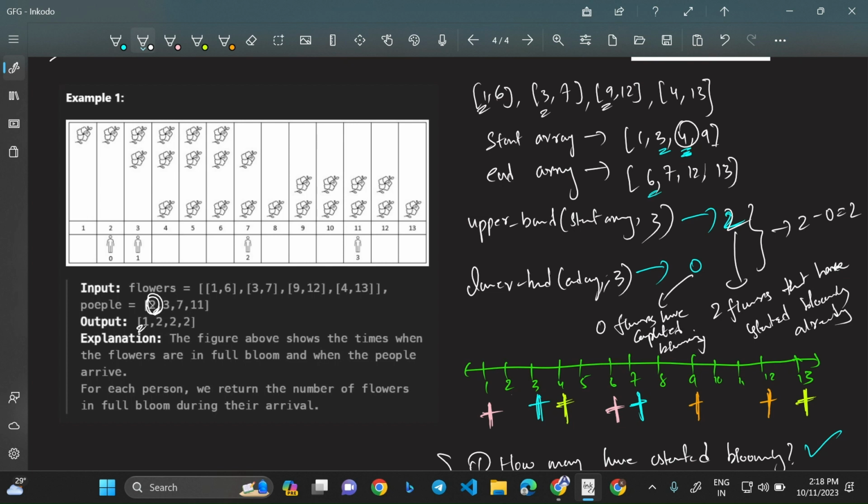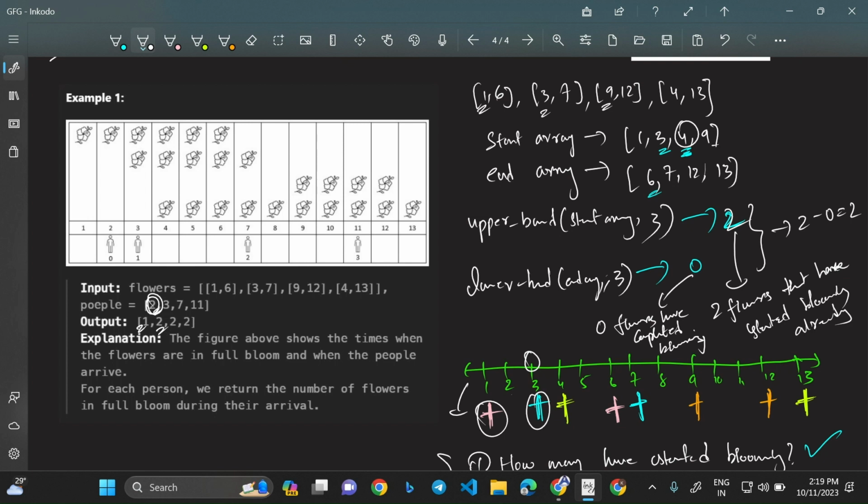Whatever has started is still blooming. You can even infer that from this. When we are at time 3, there is a pink element and a blue element, and both of them have started. There is no second occurrence of pink or blue by t equal to 3. They are occurring for the very first time. So 2 minus 0 equal to 2, it matches.